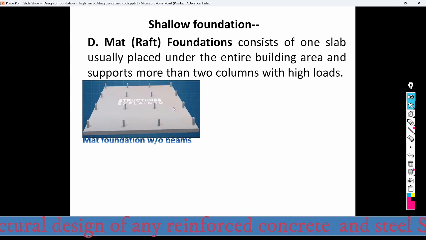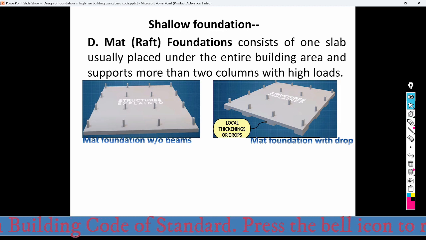The second type is the mat slab with drops or thickening, because there may be a higher punching effect under every column. In order to resist the higher induced shear or punching effect under every column, we need to provide drops.